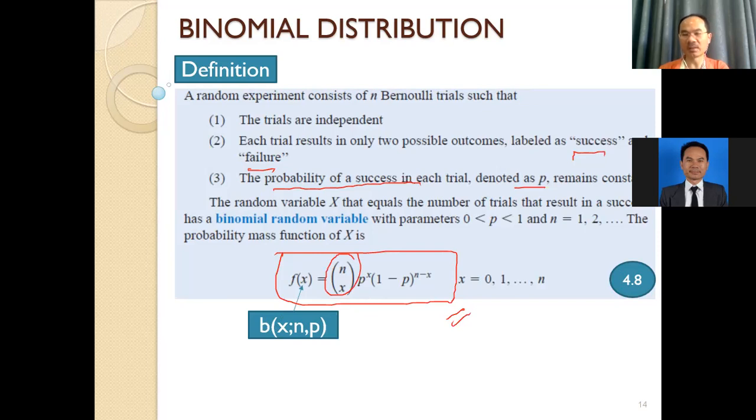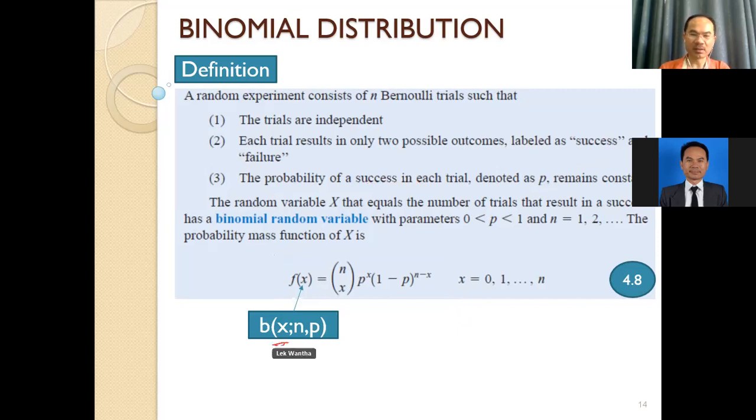N is the number of samples, the number of your data. X is the variable that you would like to calculate the probability of. Sometimes you can represent it as binomial(x; n, p). X is the variable you want to calculate, n is the total number of samples, and p is the probability of success.